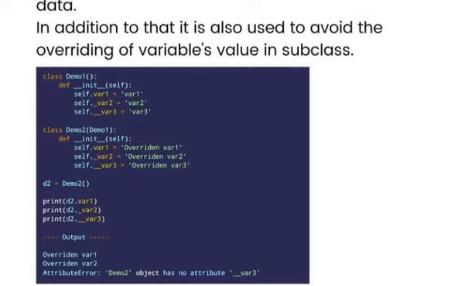Here the derived class is demo2 and the base class is demo1. So look at the prints, d2 dot var1, var2 and var3. So just observe the output. The var1 and var2 are overridden, and for var3 it's showing an attribute error.